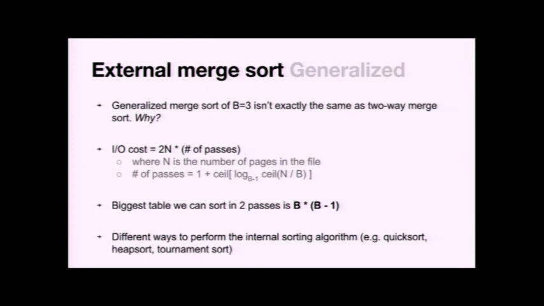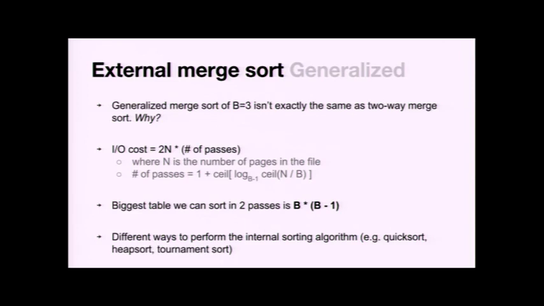In that case, we can create larger runs on the 0th pass of our merge sort. Two-way merge sort, remember, is only going to be using those two buffers for sorting.